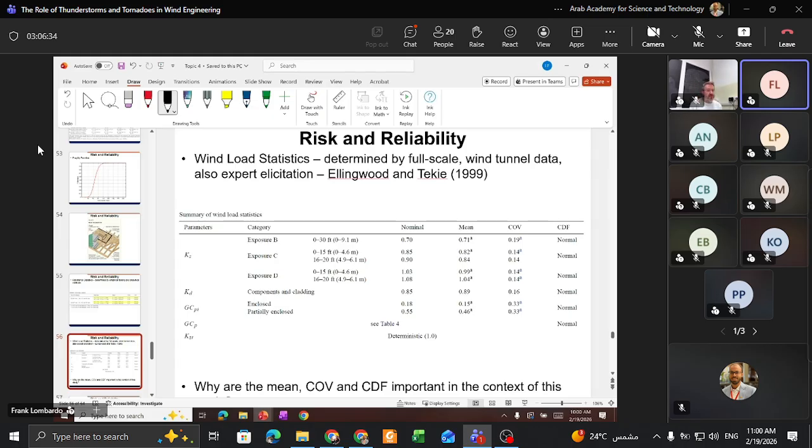You can see there are uncertainties for these parameters as well. For various heights and exposures, KZ is going to change. We know that; we looked at those KZ profiles, height and exposure variant. KD has some uncertainty, GCP, and then, which I'll show on the next slide, GCPI is in there as well.